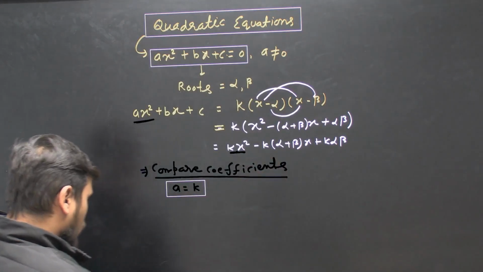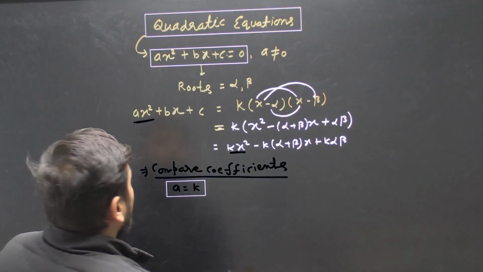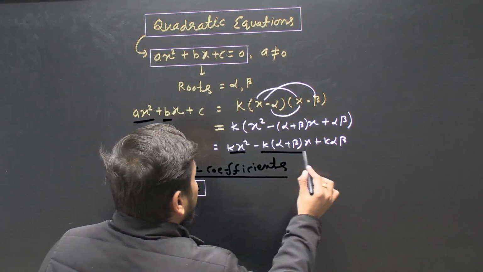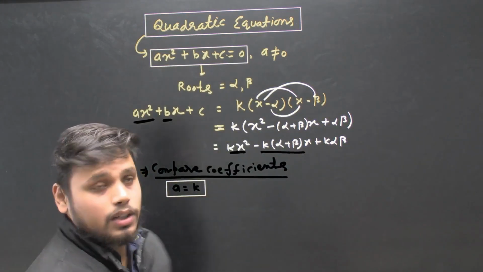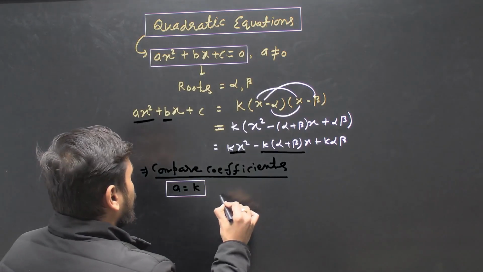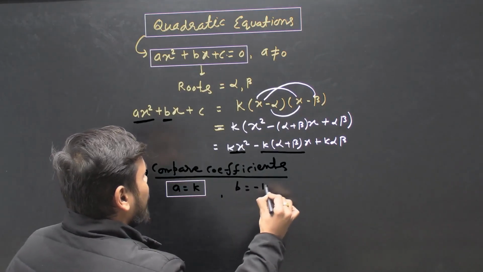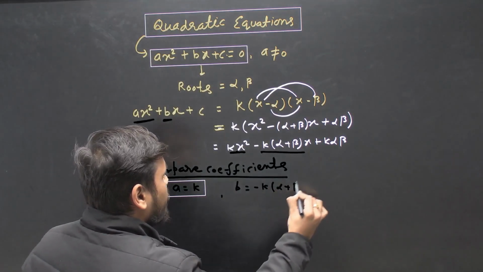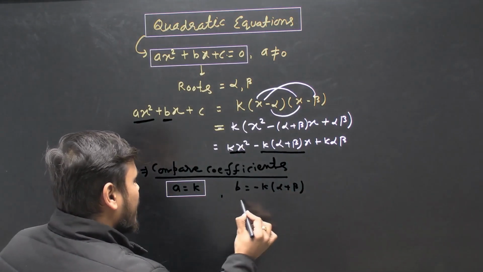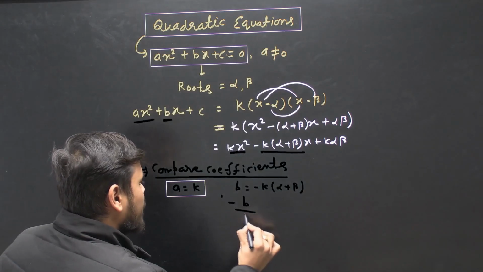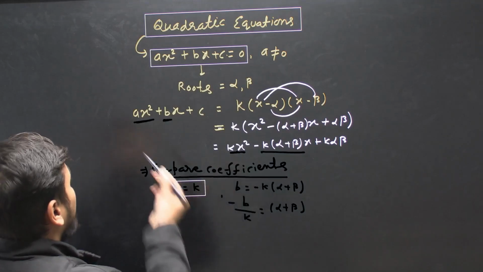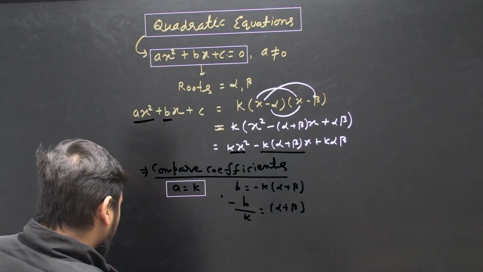Next, now we are comparing the coefficients of x. So the coefficient of x is b here, and here it is minus k times alpha plus beta. So we can say b should be equal to minus k times alpha plus beta, right? So if we bring this k to the LHS, we get minus b upon k equal to alpha plus beta, and k is nothing but a, it can be replaced by a.